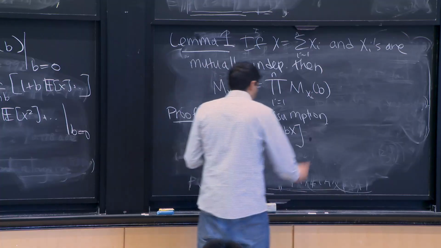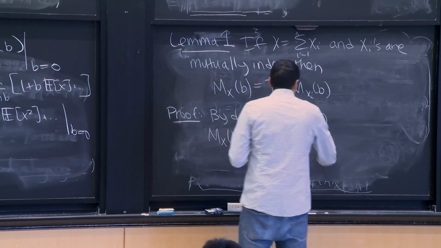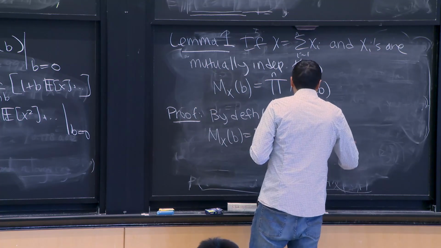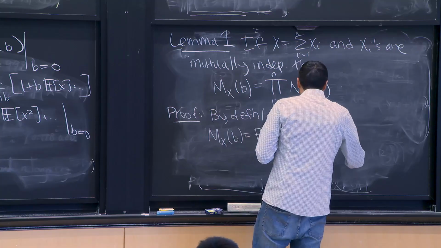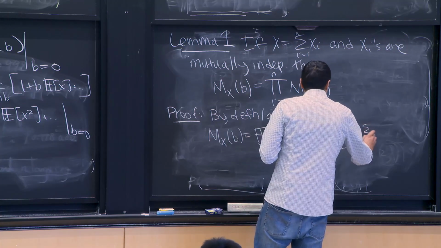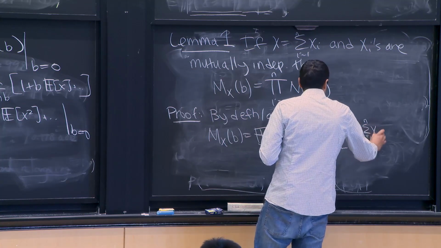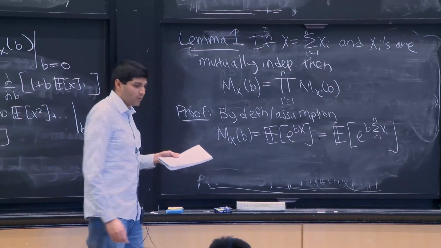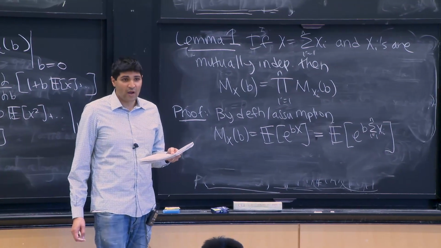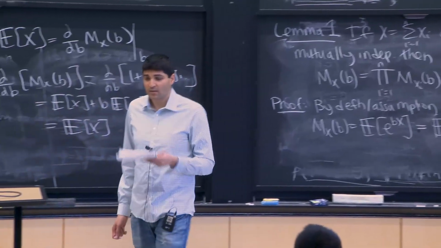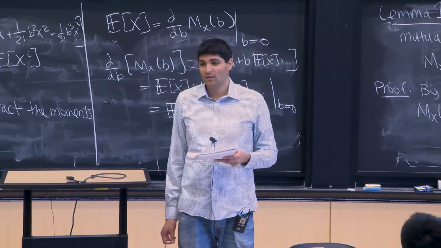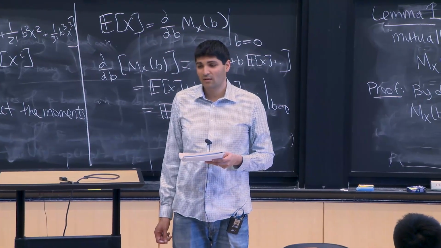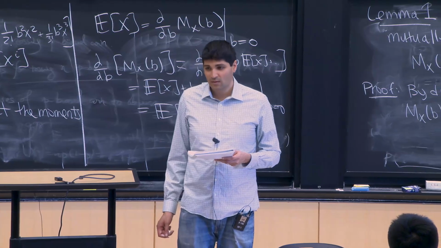That's where it came from. And then we can remember what exactly x is, right? Because x is the sum from i equals 1 to n of the x_i's. And now what should I do in my last step right here? So how am I going to proceed? Yeah? You can break the sum into like e to the b times the x_i's and multiply.